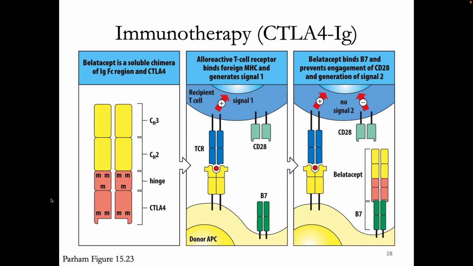So what should normally happen is that we should have a cell getting signal 1 and signal 2. If we have this drug binding B7, remember CTLA-4 has a much higher affinity for B7 than does CD28. So in this situation where CD28 and this drug are competing to bind B7, the drug wins because the drug binds so much better. The drug is going to bind to B7. Our T cells are all going to get anergized.